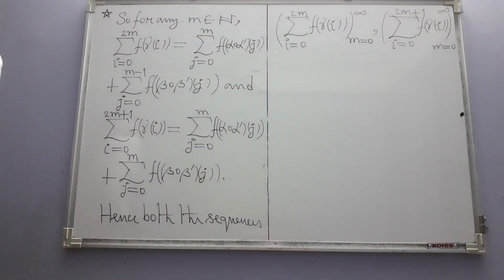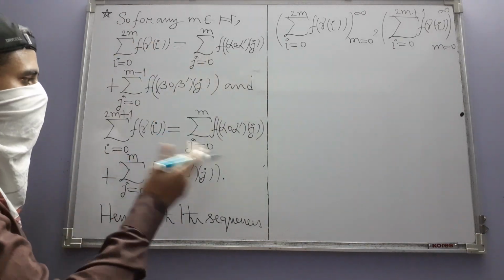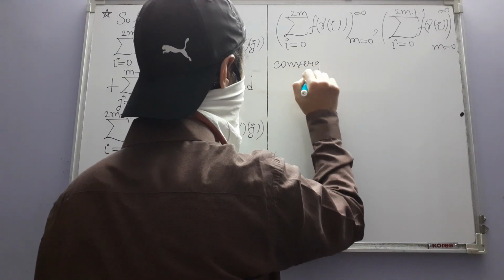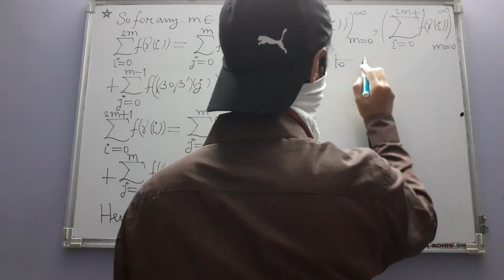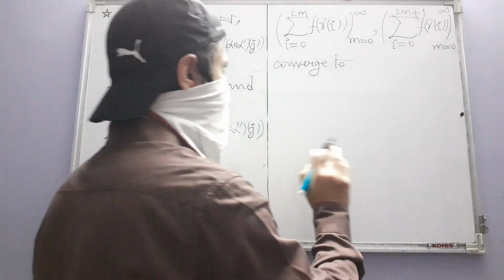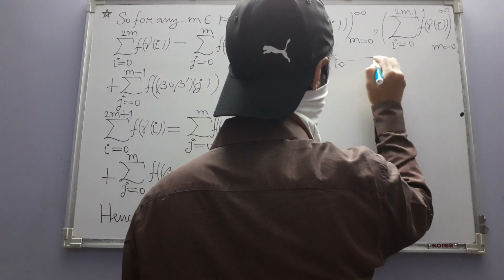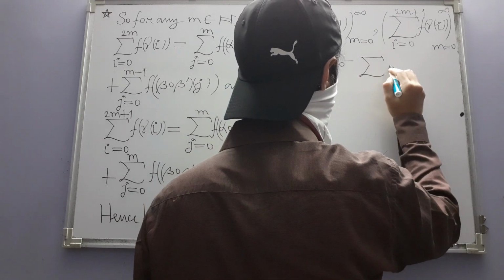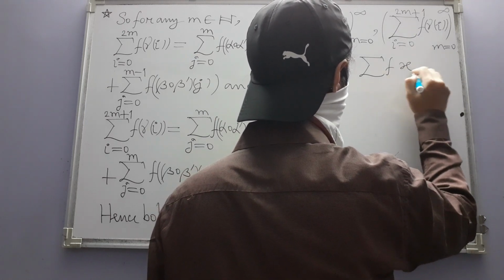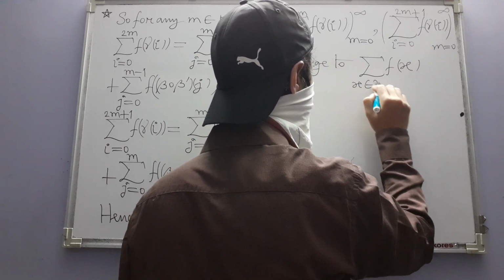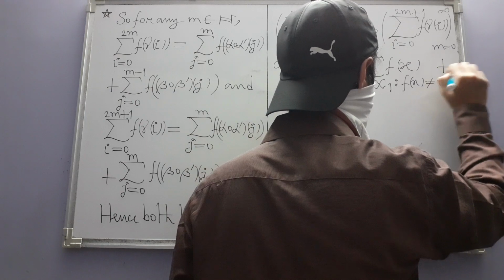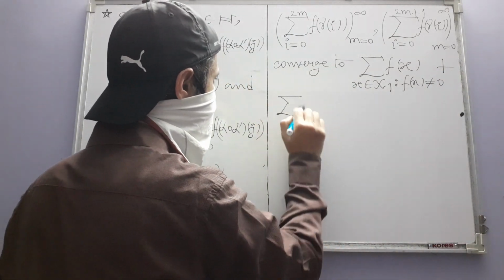Both of these sequences, which are subsequences of the original, we have already seen that, converge to, let me write it directly instead of writing all those things, the limit of that and that. Ultimately, this plus this.